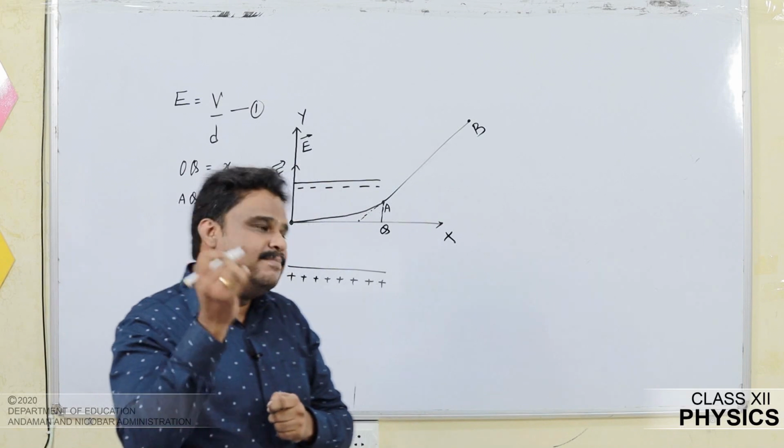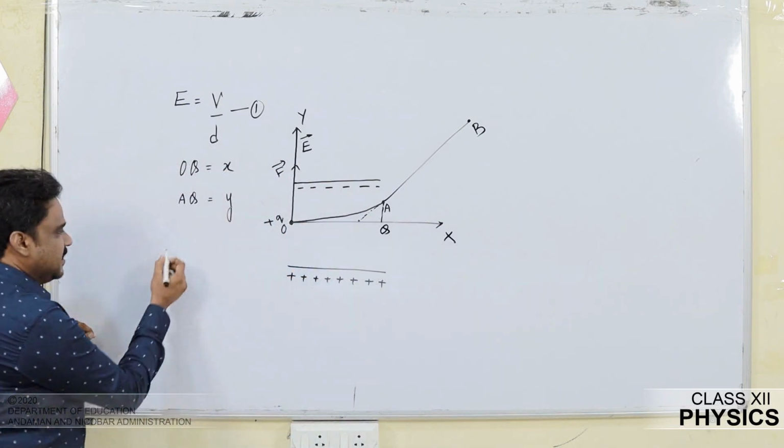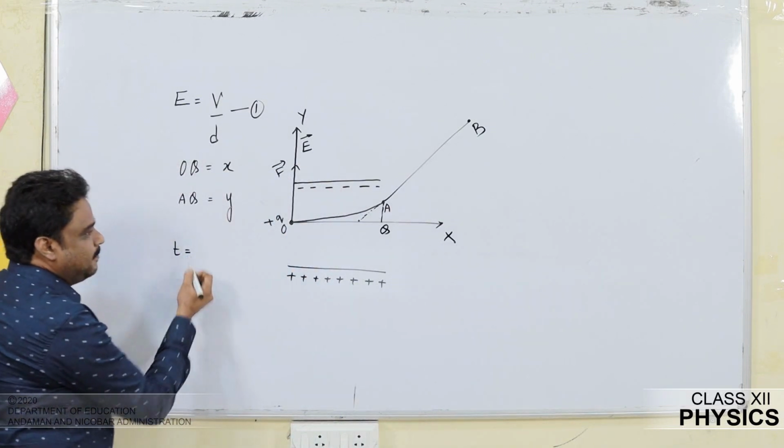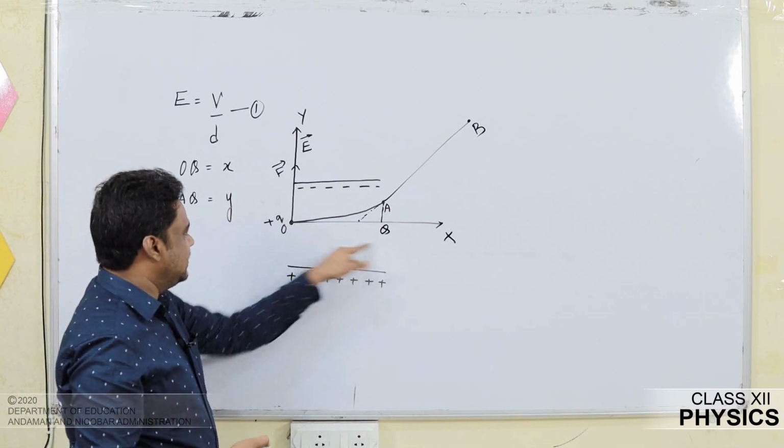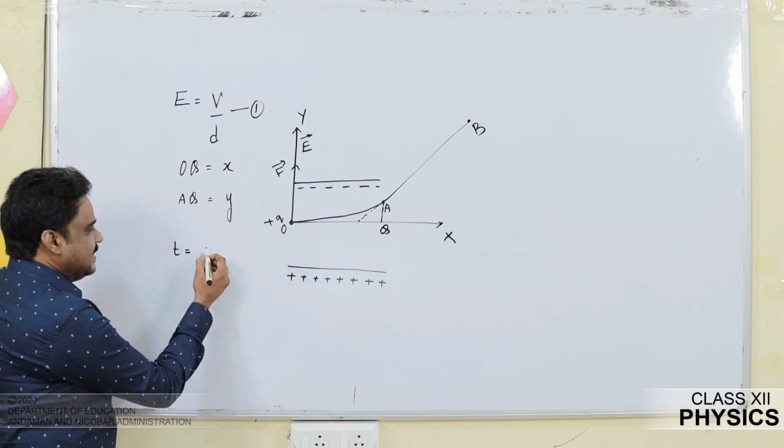And what about the time taken for this? The time taken by the charged particle to travel the distance X is distance divided by velocity.